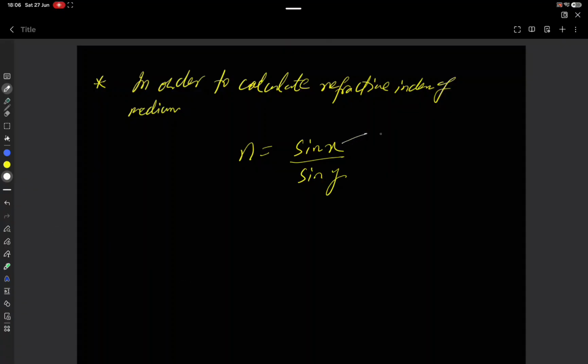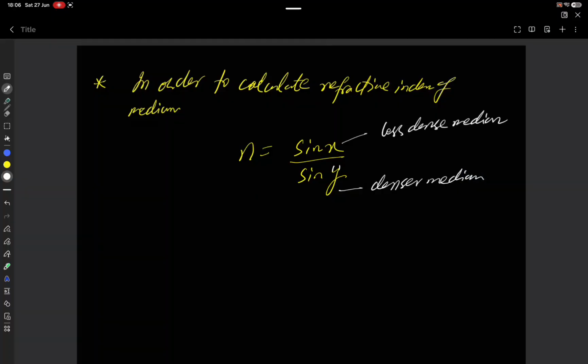The angle on top is always in the less dense medium, and the medium whose refractive index needs to be found is the denser medium.